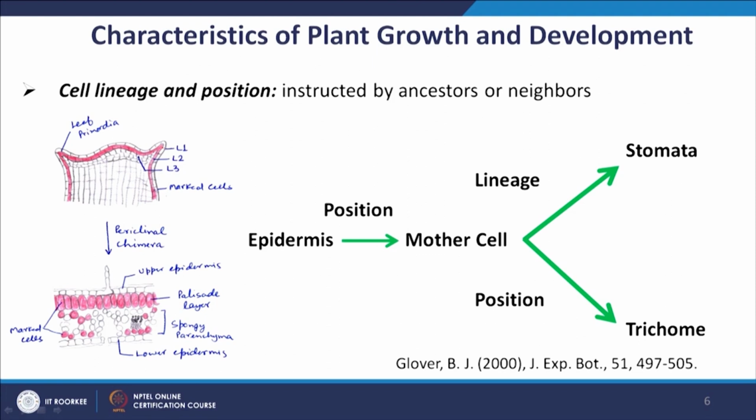So, if you mark the L2 cell layer, and then make an anatomy of the mature leaf which is coming from here, what you could see is that the cell layer beneath the epidermis has the marked cells.